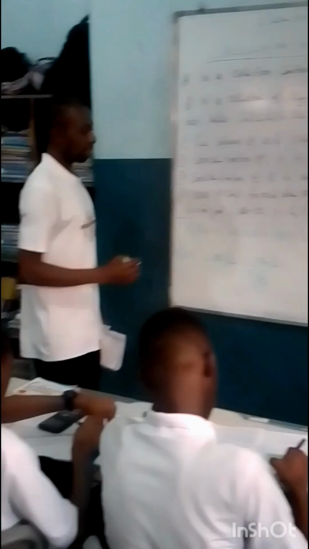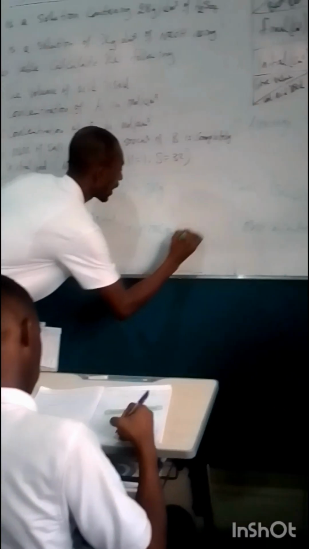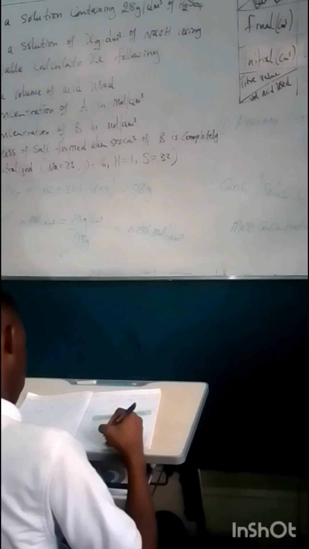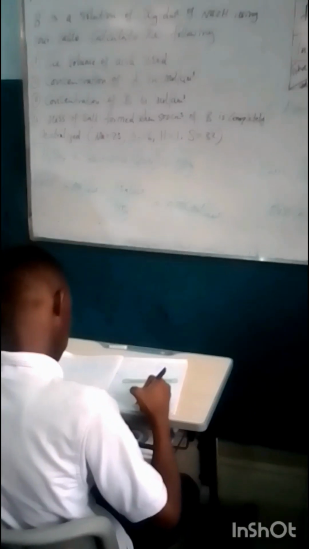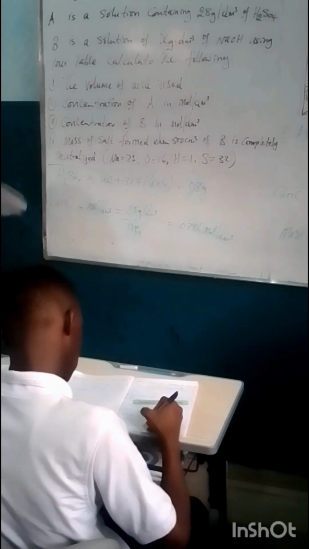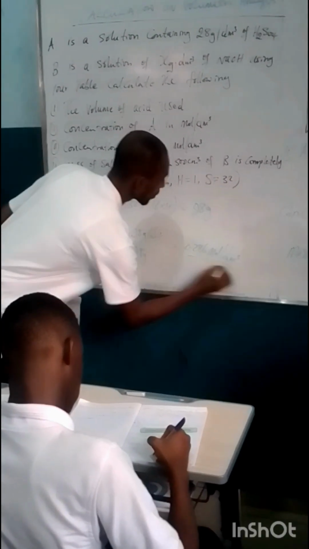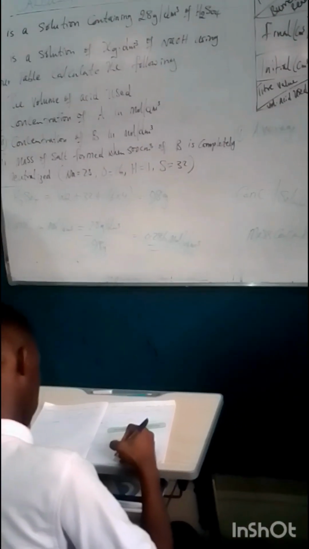Now somebody use your calculator to finish this work. 28 gram over 98 gram. 0.286 mole per dm cube. This becomes the concentration of the acid.